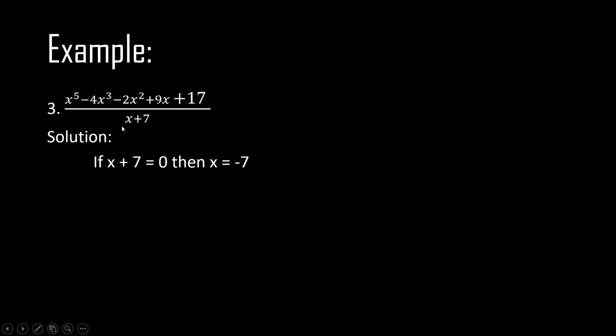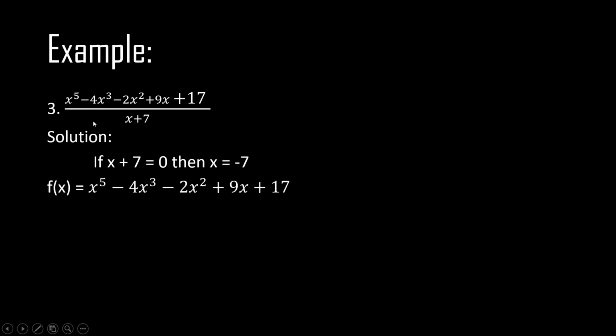For our last example, we have x raised to 5 minus 4x cubed minus 2x squared plus 9x plus 17 all over x plus 7. Our solution will be equating our divisor to 0, then we have x equal to negative 7.